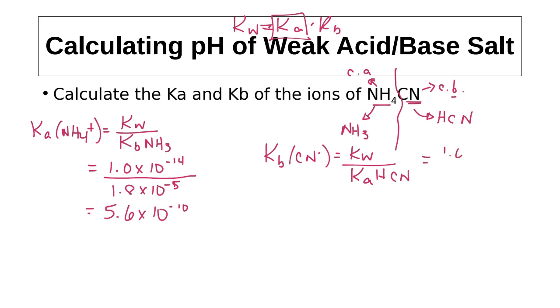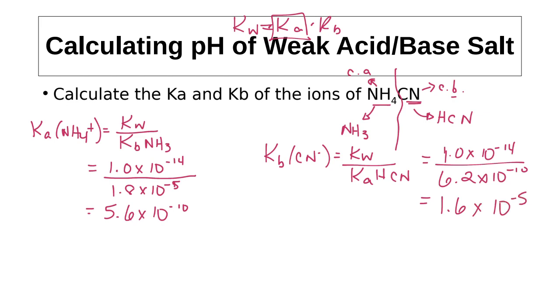We set it up, 1.0 times 10 to the negative 14, and divide by the Ka of HCN. Again, if we go into the data booklet, you'll find it there, 6.2 times 10 to the negative 10. And we'll calculate the Kb, and we get a Kb value of 1.6 times 10 to the negative 5.